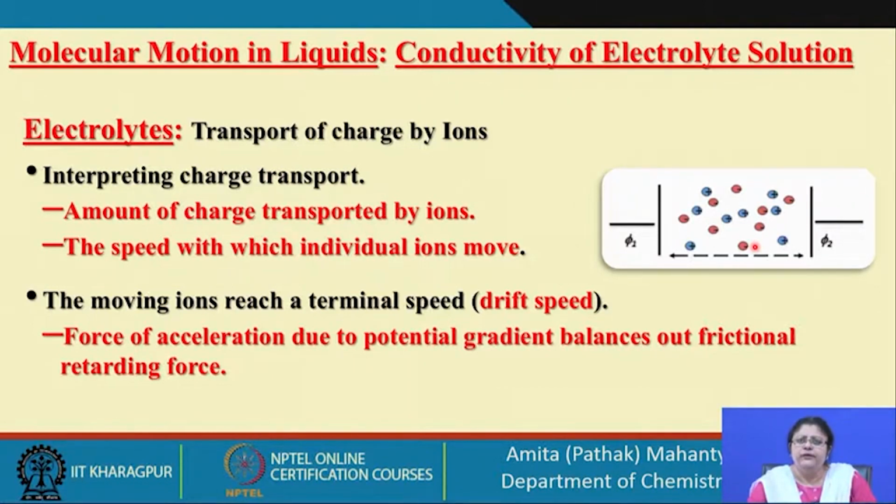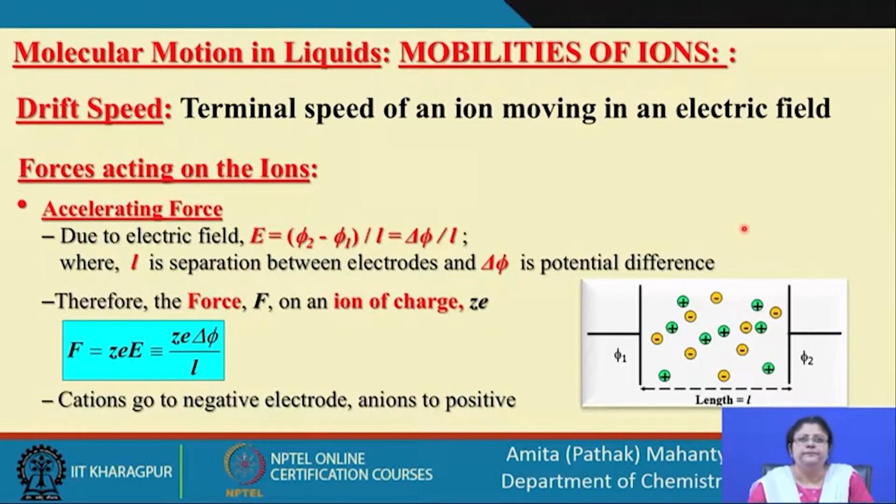Now, they are going to reach a terminal speed or a drift speed when this force accelerating them forward is balanced out by a frictional force which is retarding. So, the retarding force and the accelerating force should balance.